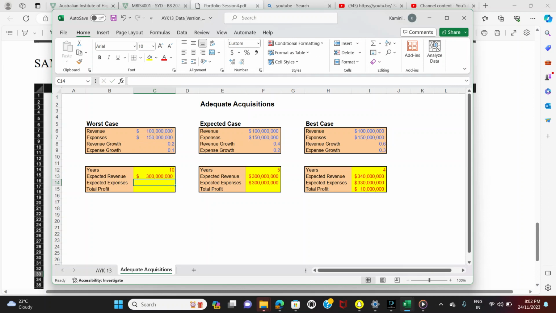So here the expenses, again the formula is equal to bracket expenses multiplied by expenses growth multiplied by the number of years, then bracket close, plus expenses of that particular year.